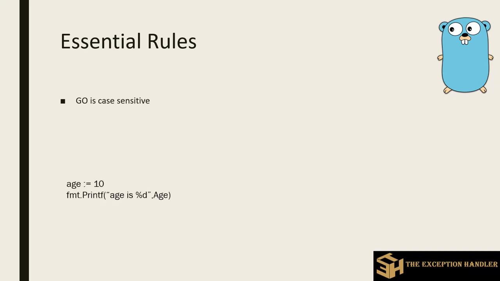Here, I have declared a variable with the name age where all the characters are in small letters. And in the next statement, I'm trying to refer to the age variable but with a capital A. This is not allowed because according to Go, these are two different variables. Now, the correct way would be if I declared an age variable with all small letters and tried to refer to it again with all small letters.